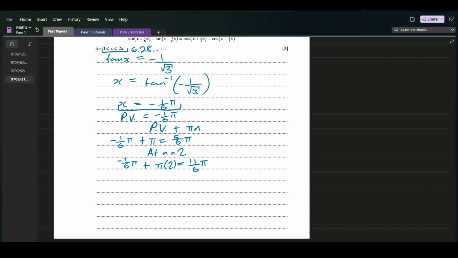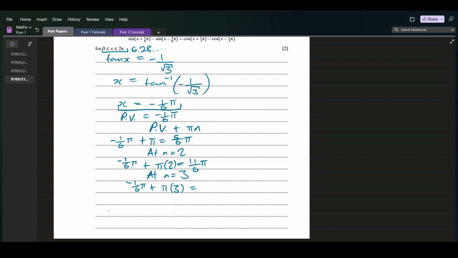I'm sure this should be our last solution within the given interval, but you can always try n equal to 3. That would be negative 1 over 6 pi plus pi times 3, which is 3 pi minus 1 over 6 pi, which would give us 17 over 6 pi, which is approximately 8.90, and that's outside the given interval.